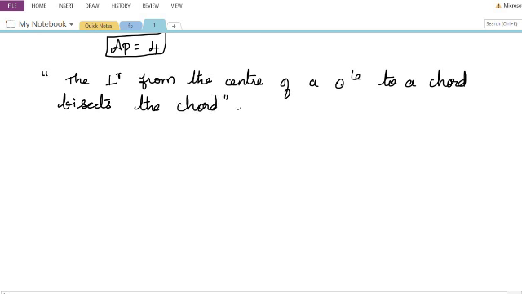So the perpendicular from the center of a circle to the chord bisects the chord, which means it divides the chord into two equal halves.